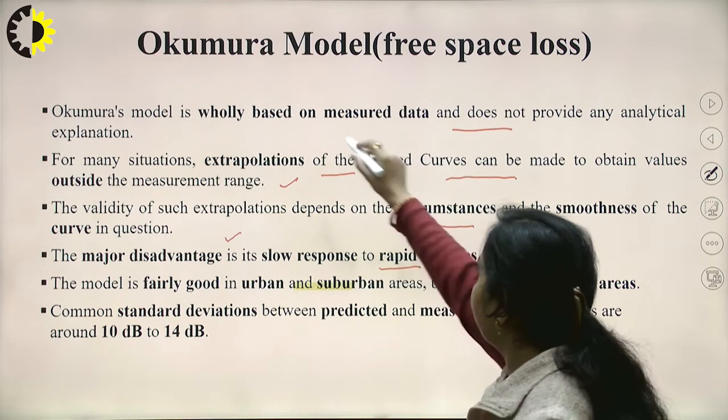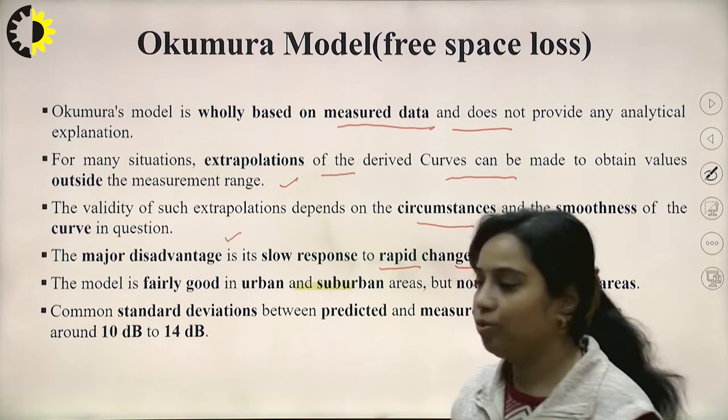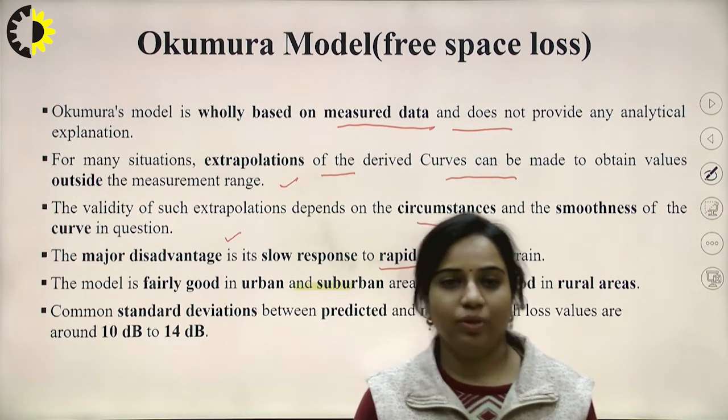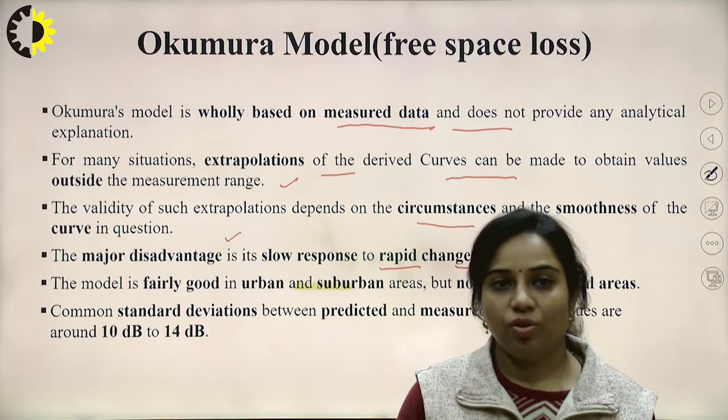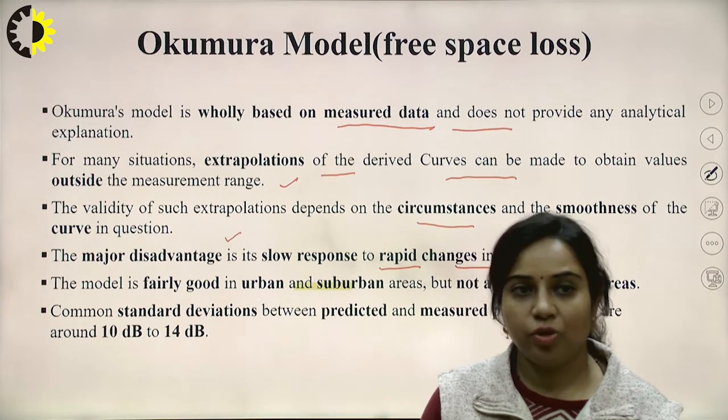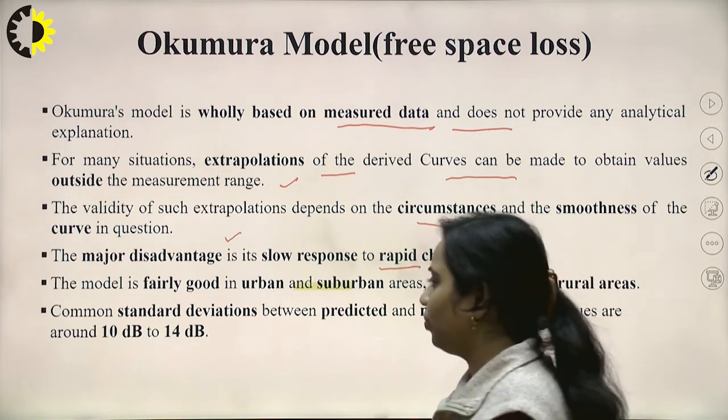Every time you have to measure the data, which will change with the situation and the distance. So there will be a very slow response. That is the main disadvantage of this Okumura model.